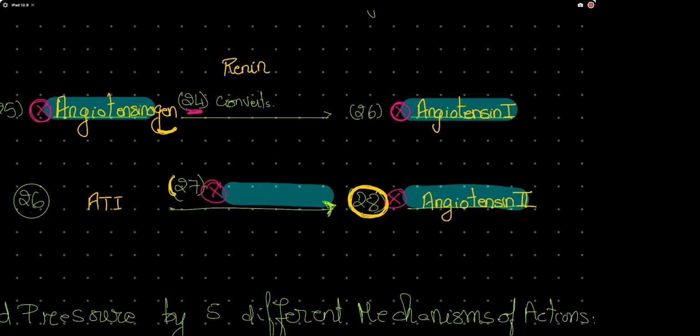And who is converting angiotensin 1 into angiotensin 2? It is an enzyme present in the endothelium of the capillaries. Remember?